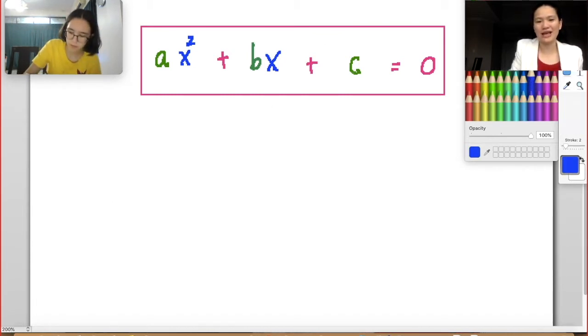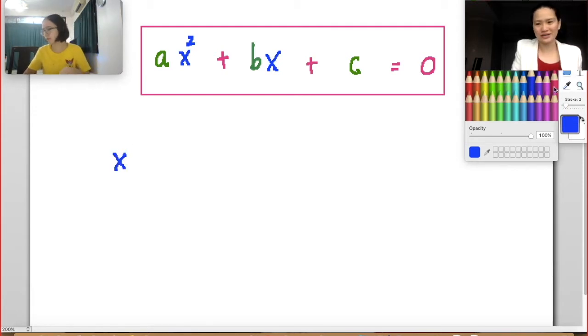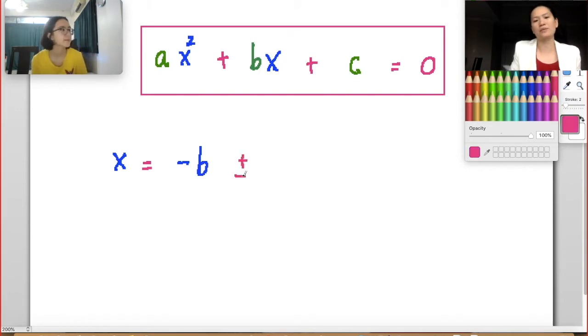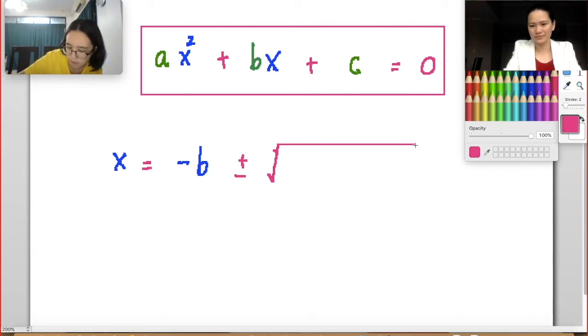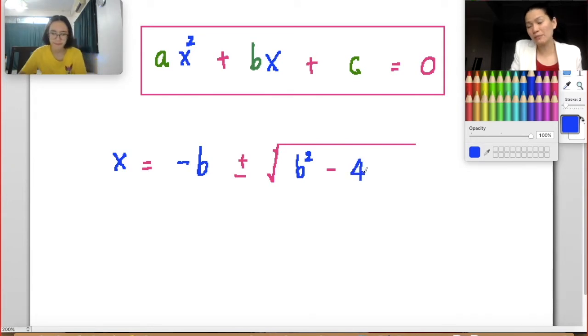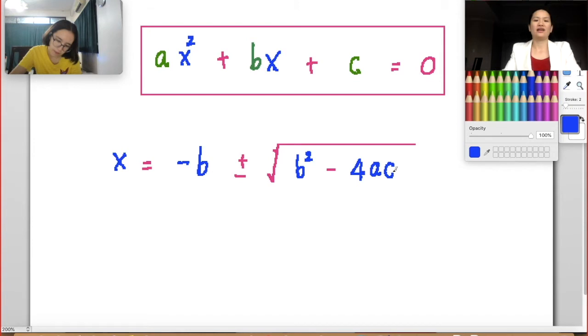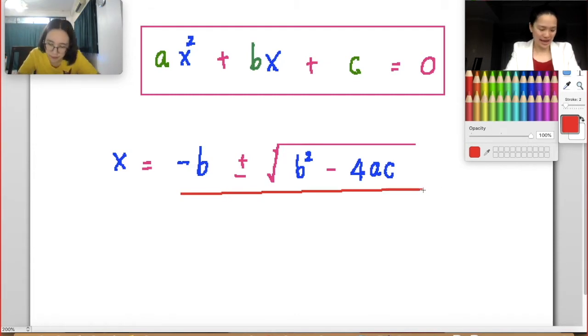You have to know this formula: x equals minus b, negative b, plus or minus the square root of b squared minus 4ac, all of this divided with 2a.